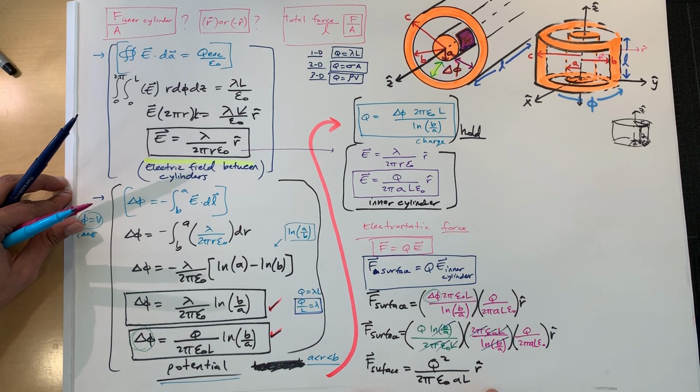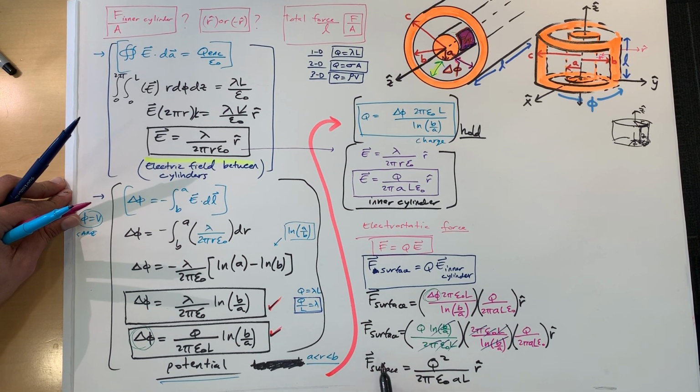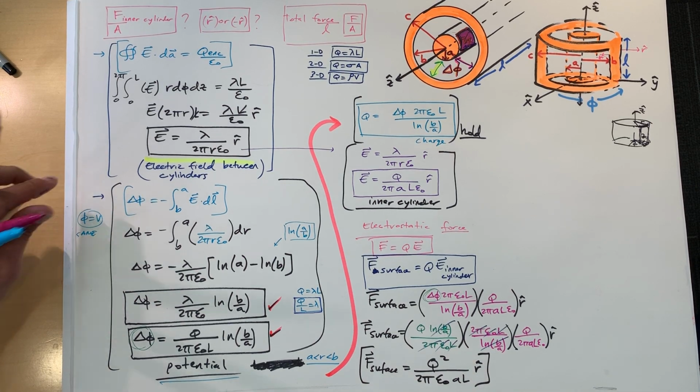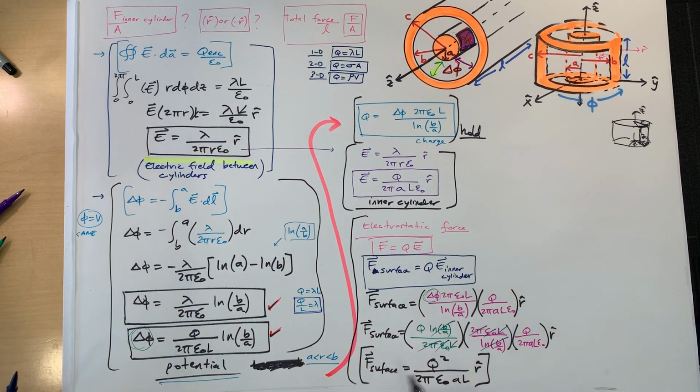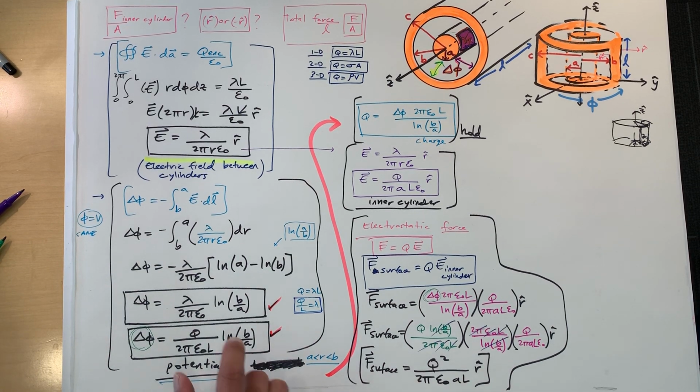That's the radial. And one more time, because they want us to represent the force in a certain way, we're going to change the Q back to potential. So this is a good answer. Just like here, we have two answers.